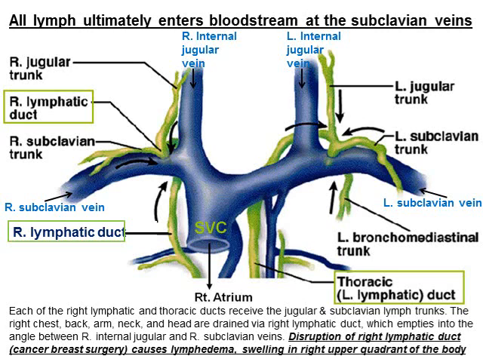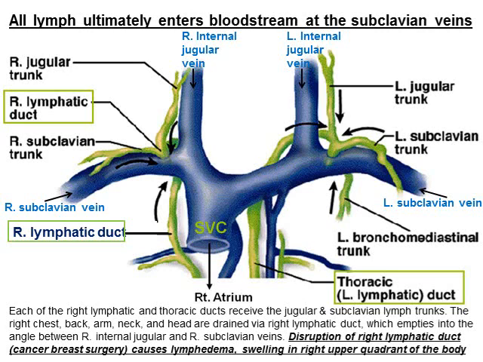Here we have the left subclavian vein uniting with the left internal jugular vein to make the left innominate or brachiocephalic vein. The right subclavian vein unites with the right internal jugular to make the right brachiocephalic or innominate vein. Both innominate veins unite to make the superior vena cava that ends in the right atrium.